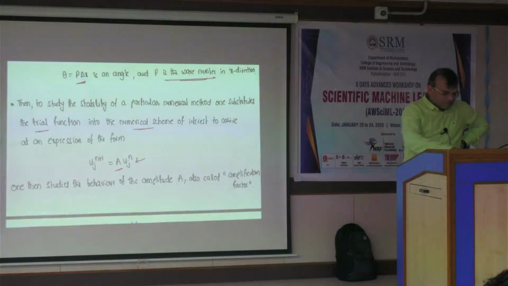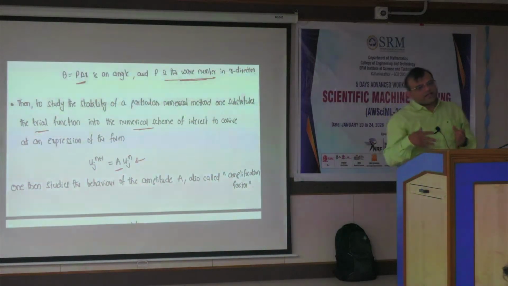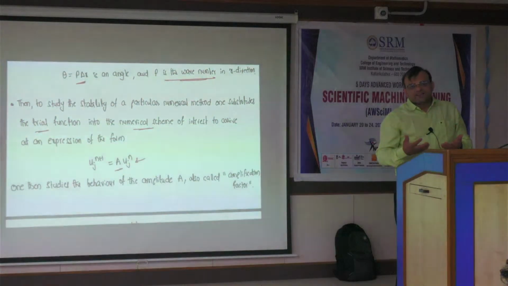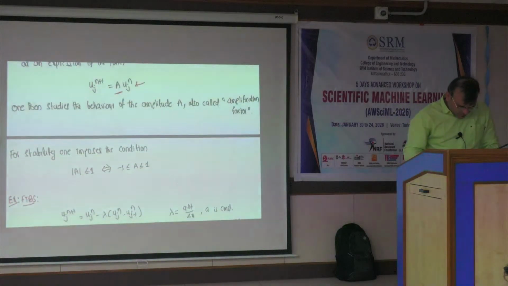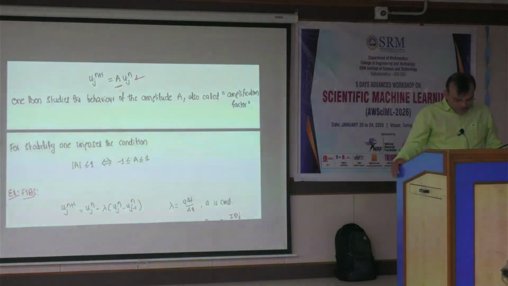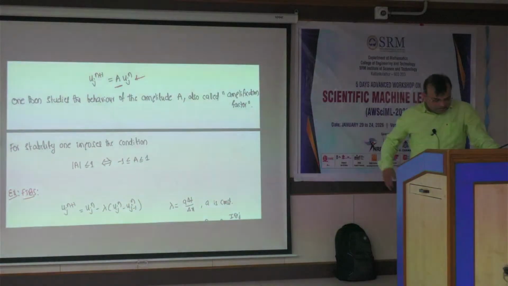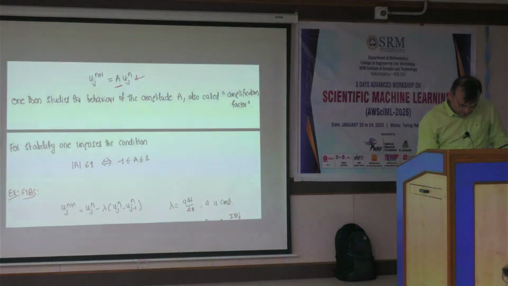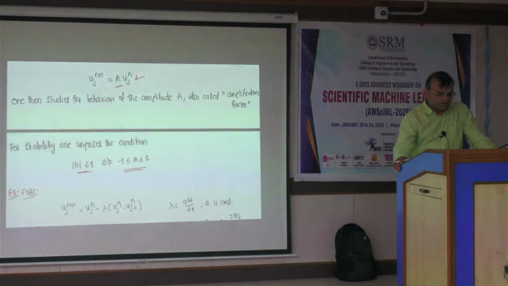If the amplitude keeps on increasing, the energy keeps on evolving, so we cannot control it. So the stability condition, in order to impose on the amplification factor, is that modulus of a is less than or equal to 1, or a is bounded by -1.